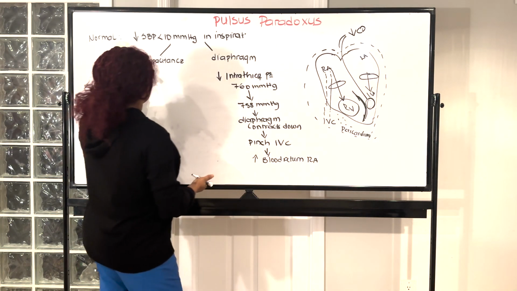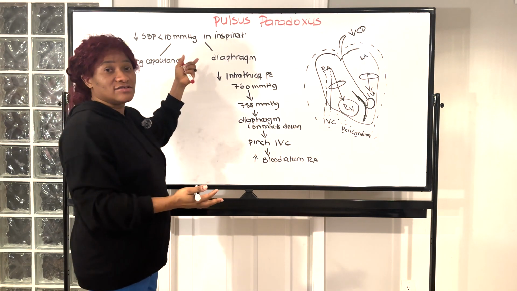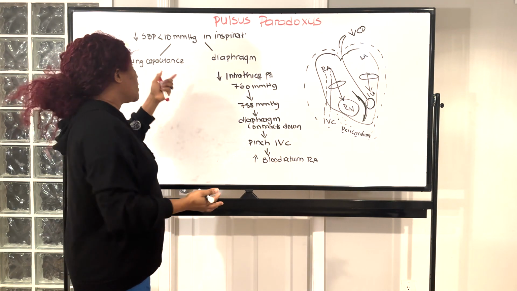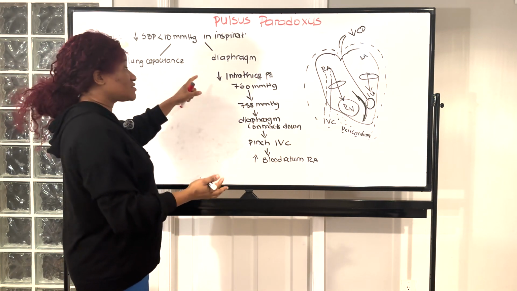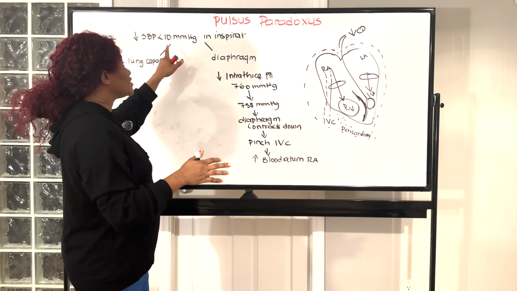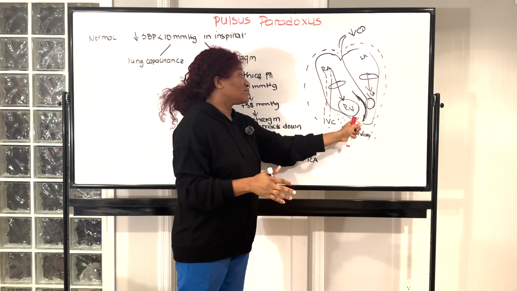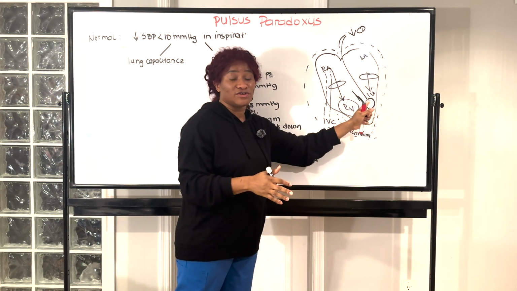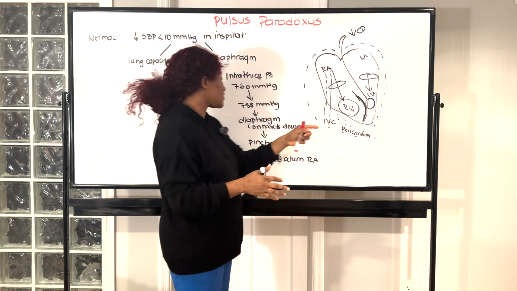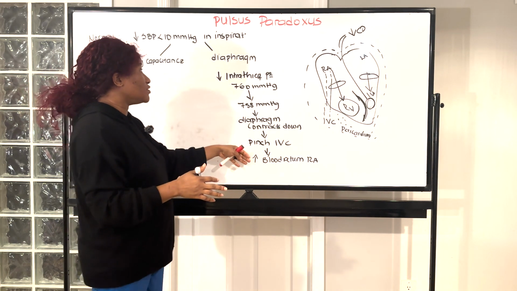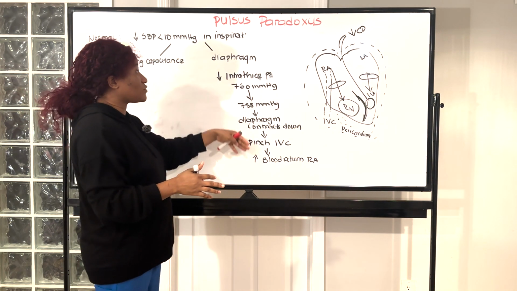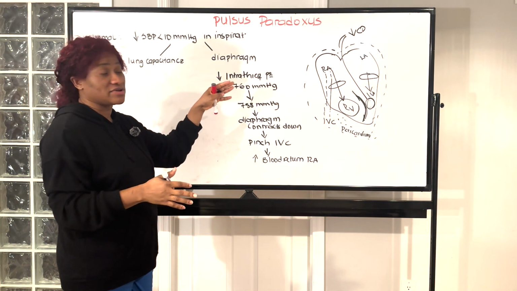And this is how we get a drop in the systolic blood pressure. But remember, this case is normal. The drop is only going to be less than 10 because the right ventricle is not going to push too much on the left ventricle. So this is the first phenomenon in inspiration that gives us the pulsus paradoxus.